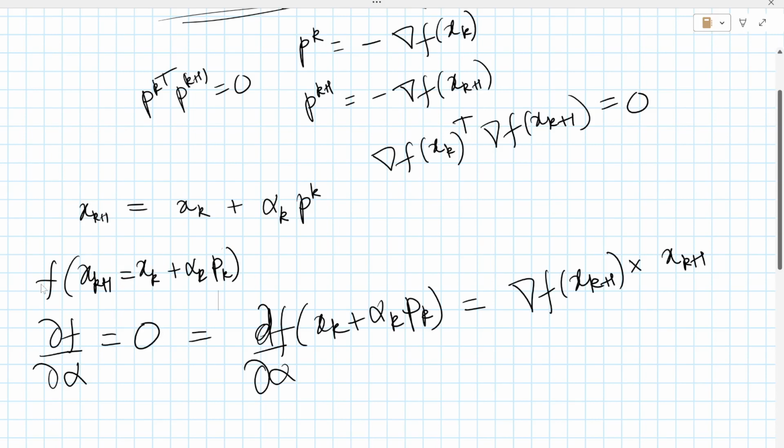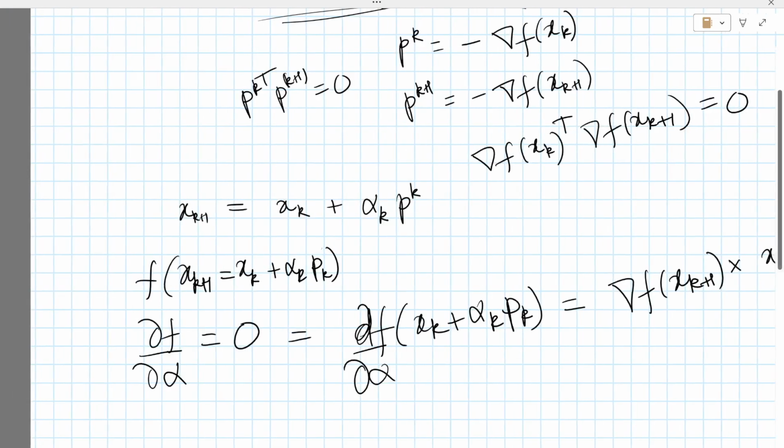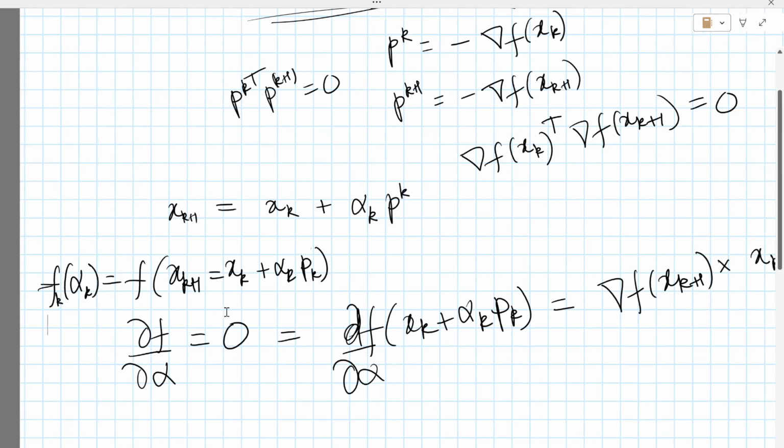At xk plus 1 we can redefine this as f of alpha. Yeah, because xk is known actually. Maybe you can put k here, fk of alpha. That makes sense. So here also we can put k.